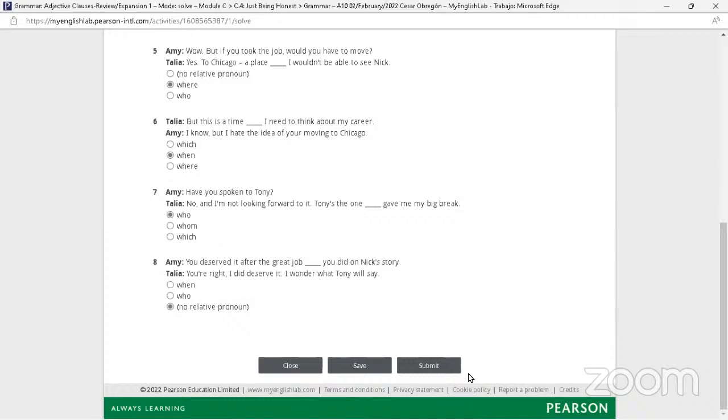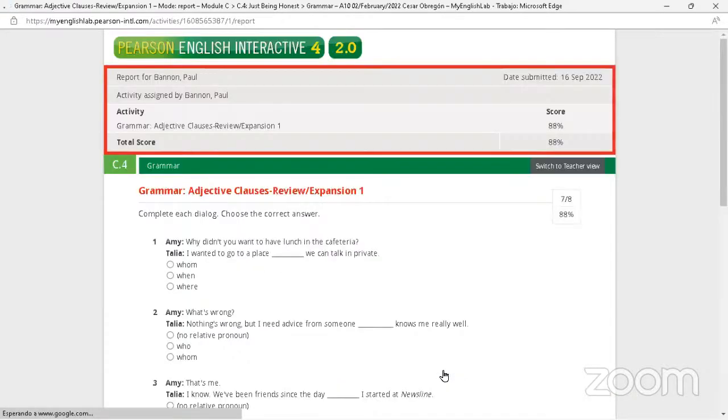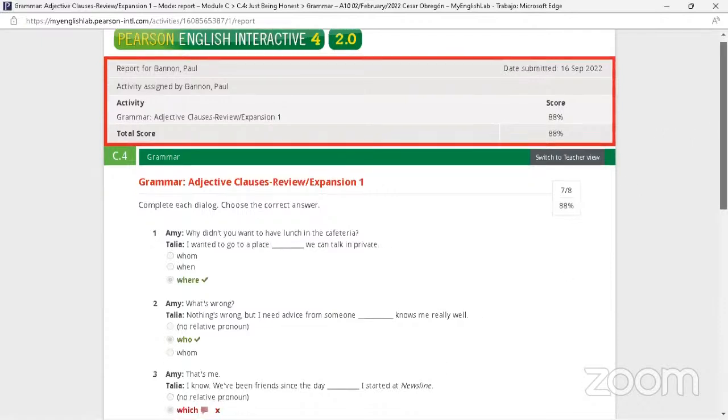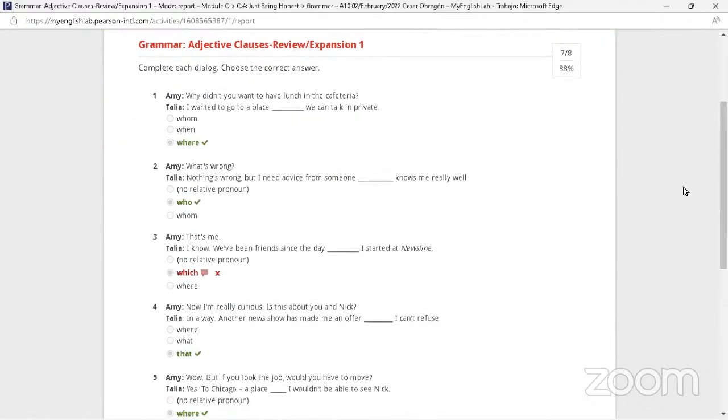Are you ready? Yes. Okay, so let's see, right here. So that's me. I know we've been friends since the day. I believe we don't need a relative pronoun here.